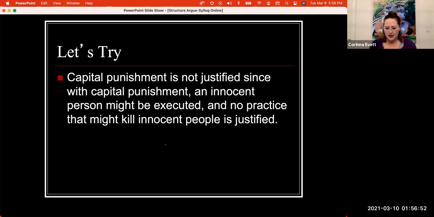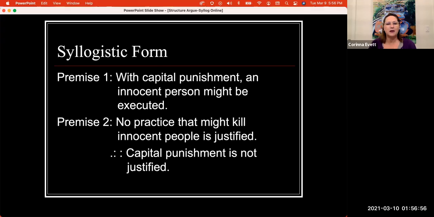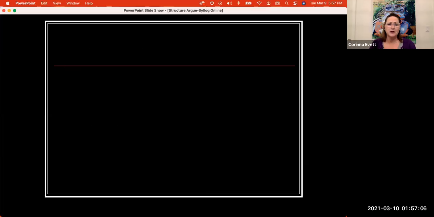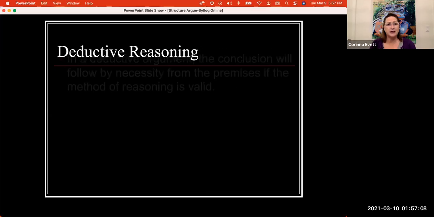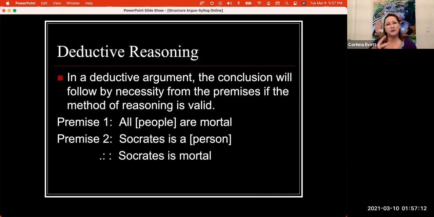Capital punishment is not justified, right? And now you can see how we can put that into with capital punishment, no practice, therefore, and in this instance, we're actually using a little bit more inductive reasoning in that example, and therefore it didn't really matter the order of those premises, and we'll talk about that in just a moment.